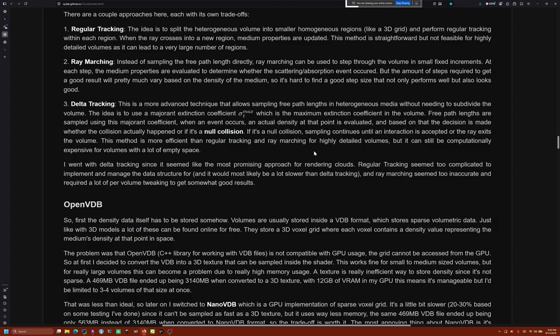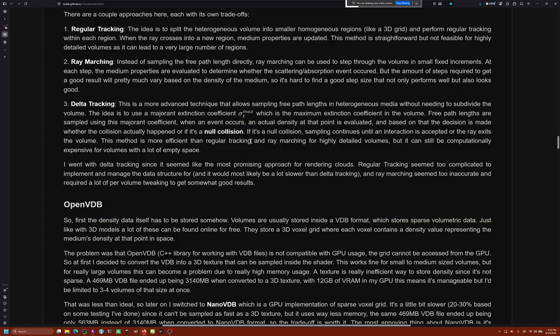And when an event occurs, an actual density at that point is evaluated, and based on that a decision is made whether the collision actually happened or if it's a null collision. So null collisions are ignored, basically. Sampling continues until an interaction is accepted, or you leave the volume.